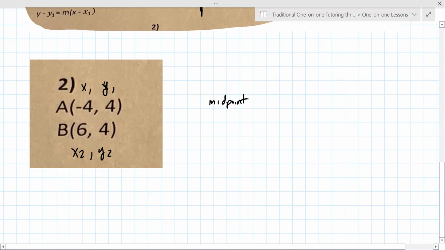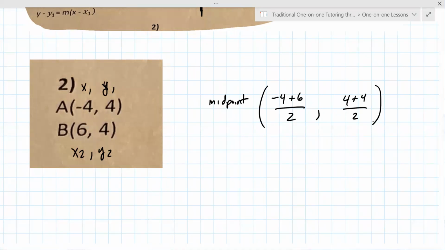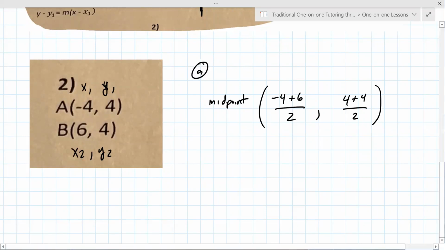The midpoint formula is you add the x values, so it's like -4 plus 6 over 2. See, I'm adding the x values, and then you add the y values. That formula is at the top of the page, but that's the first part of this problem. So can you add those up? -4 plus 6 and then divide by 2, 4 plus 4 divide by 2, and give me the midpoint, please.